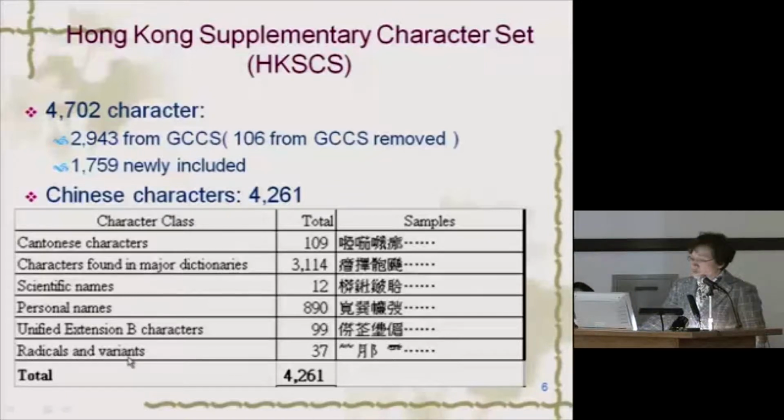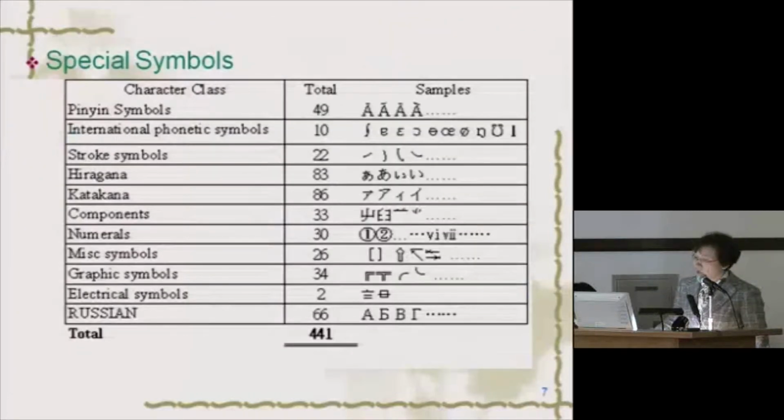If you look at the characters, there are also what we call radicals or components of Chinese characters. They originated actually from Big Five. This was not a Hong Kong invention, but because they were there already, they are also included. Also, there are special symbols, like the pinyin symbols.